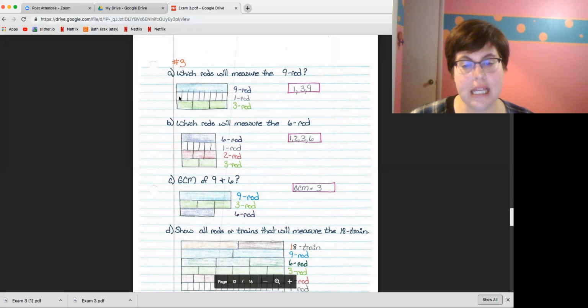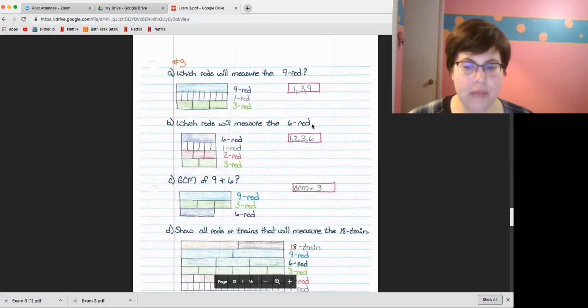It's easiest to see, and that's why we put white in the middle, so that you can see 1, 2, 3 is equal to 1 3 rod. So if a child was manipulating this in front of them, they're going to see that I can take 3 of these green rods and stack them end to end, and it's going to equal 1 blue 9 rod.